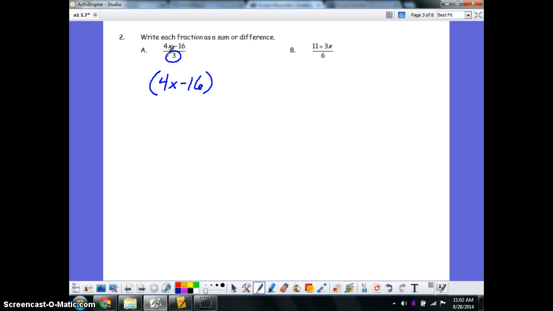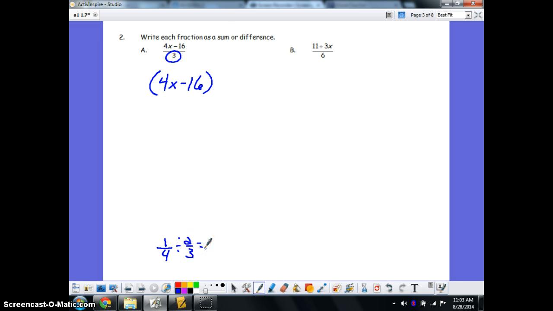So let's think about what division actually means. Dividing by a number is the same thing as multiplying by its reciprocal. For example, in the past you have taken 1/4 divided by, say, 2/3.